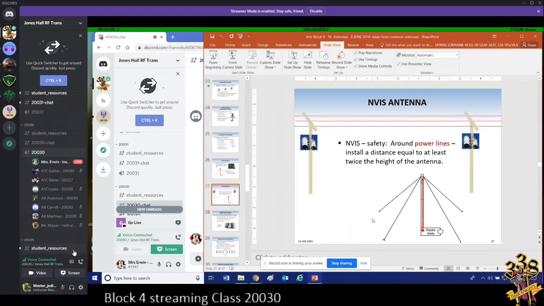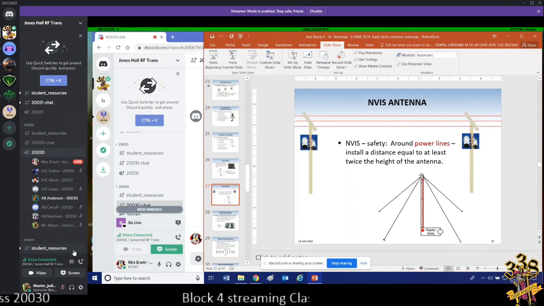It's still twice the height of the antenna. And this one, in the TO, it says twice the height of the antenna. Now, the farther away, the better. Okay, too close is bad. Farther away is better. For the NVIS, you want at least twice the height of the antenna.